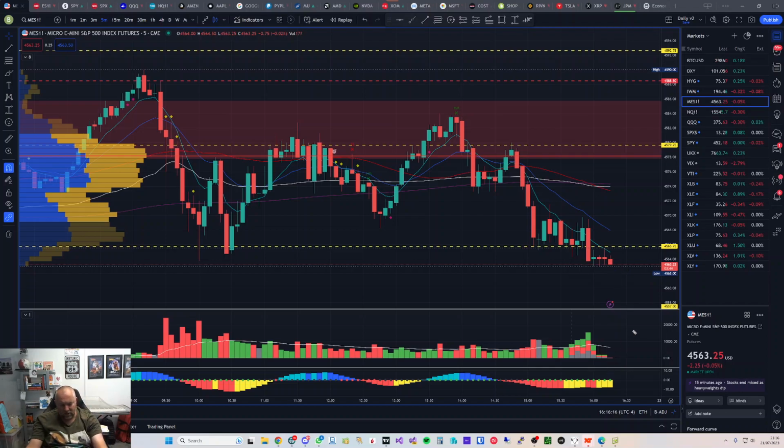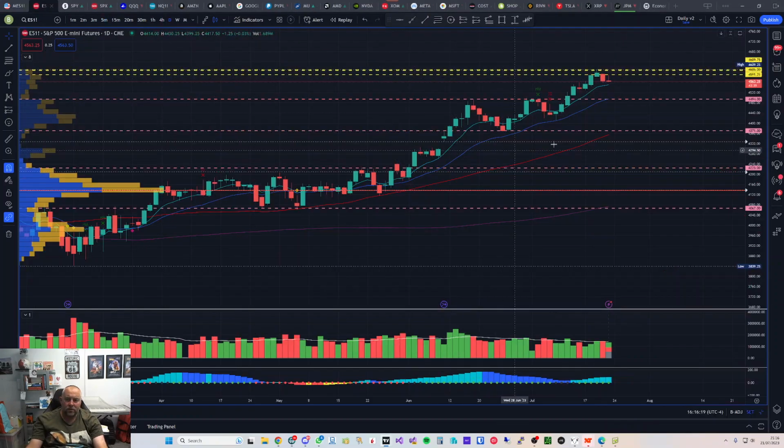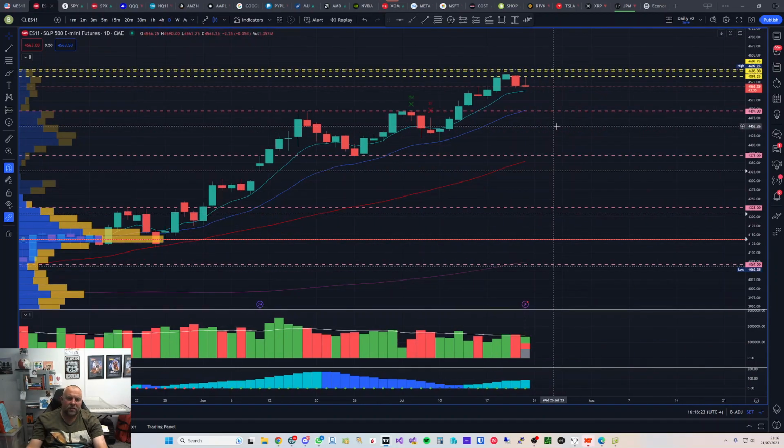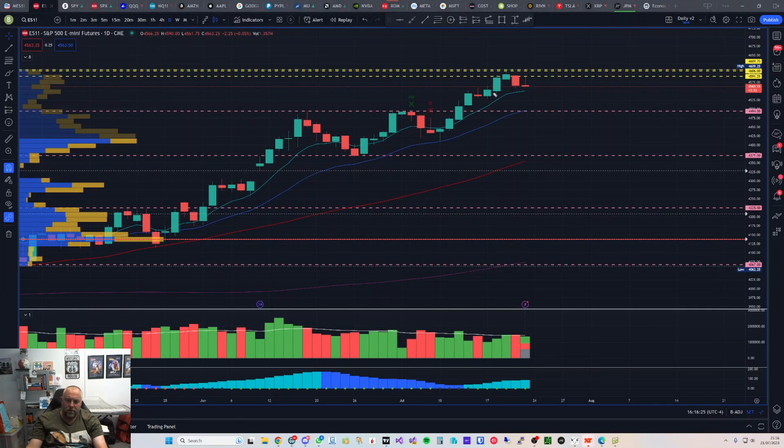So let's go to the hourly, and I'll do it on the ES because this chart is a bit cleaner. Let's go to the daily even. We have got room down on Monday, down to this 8. So potentially we could see it break down, and if it breaks through the 8, we've got the 20 moving average, and it's at this significant area here, which is my weekly.